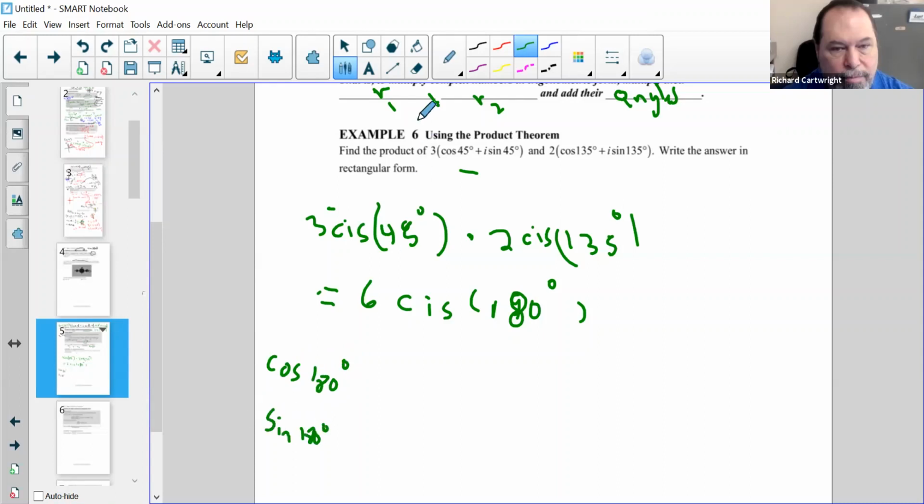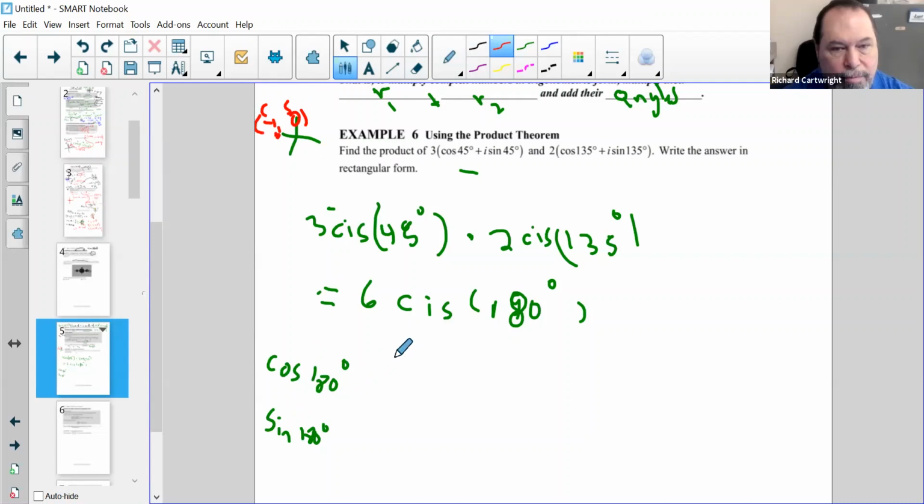But I don't need a calculator for those because 180 is located here, and the ordered pair is -1, 0. So we know that the cosine is -1 and the sine is 0.